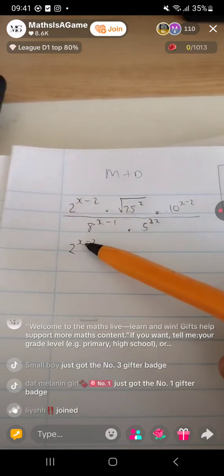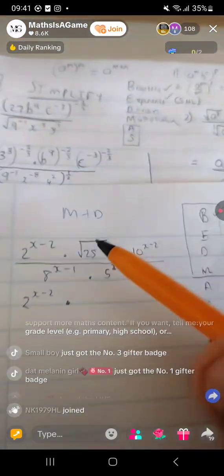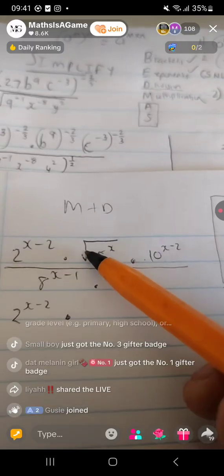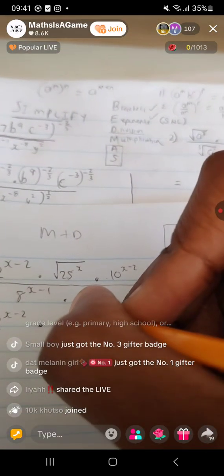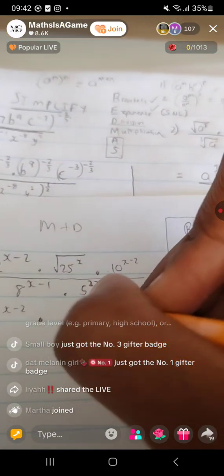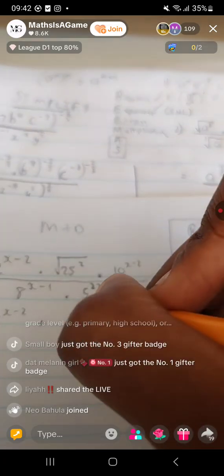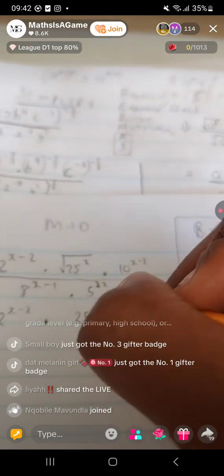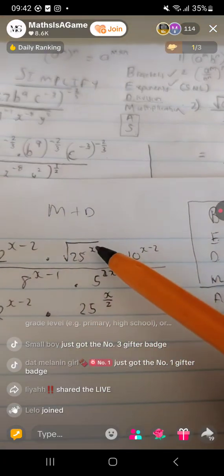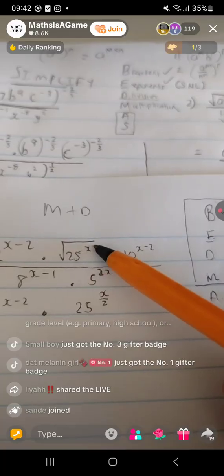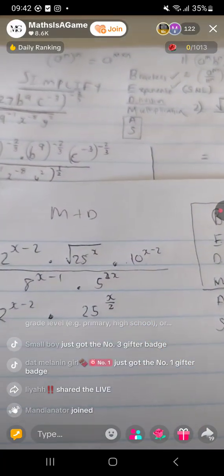But first, let's just deal with 2 to the power x minus 2, you are fine. 25 to the power x over 2, the square root, we convert to an exponent: numerator, the power; denominator, the 2.